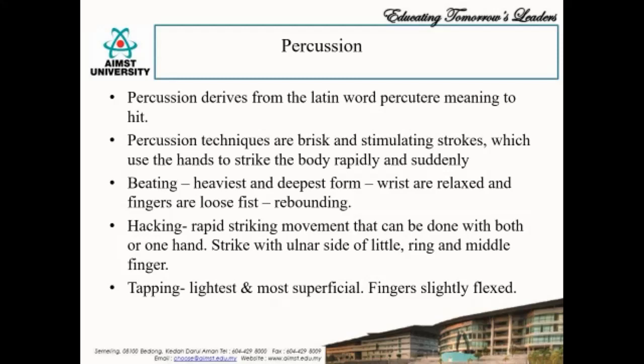Next is hacking. So hacking means striking the body part with one hand using the ulnar side of three fingers. Okay, so using the ulnar side of the little finger, ring finger, and the middle finger, you will be striking the body parts. Here, it is not like in beating, where you have wrist flexion and extension.